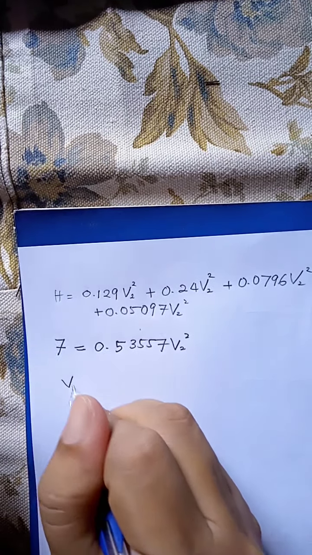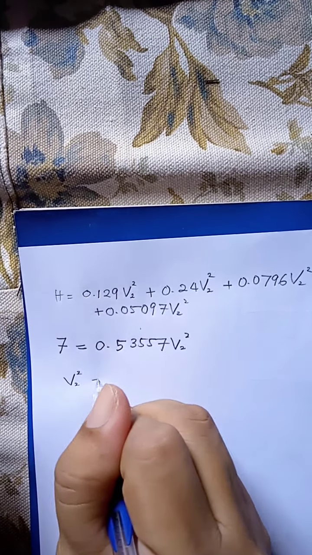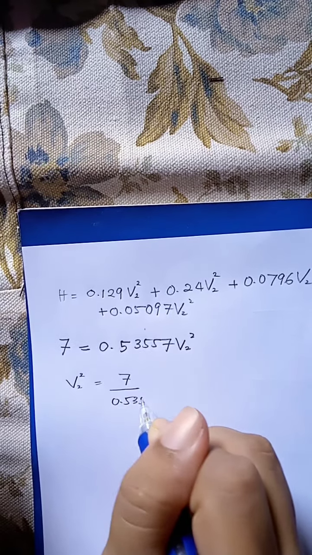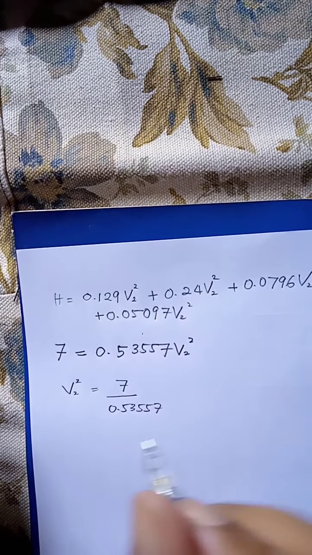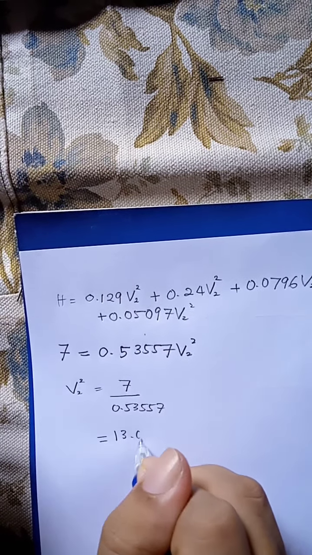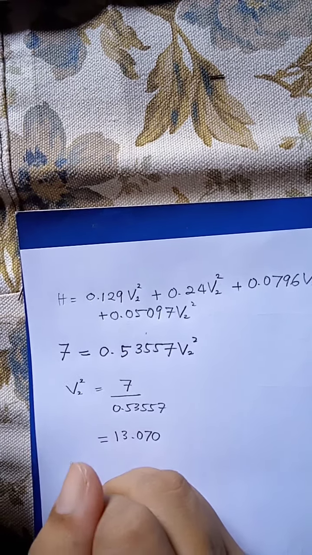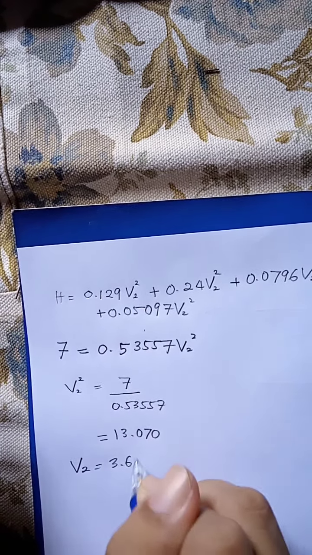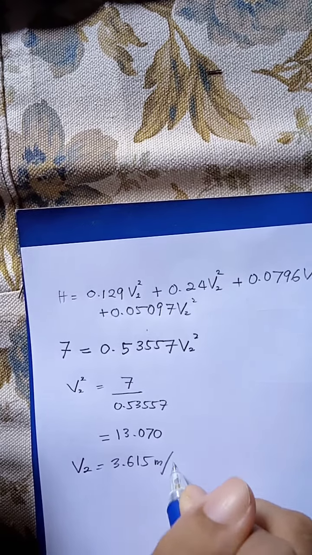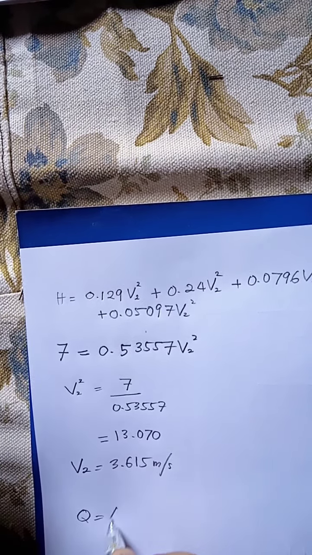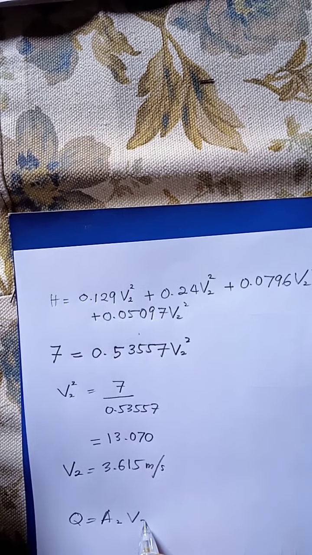So V2 squared is equal to 7 divided by 0.53557, which is equal to 13.070, or V2 is equal to 3.615 meter per second.